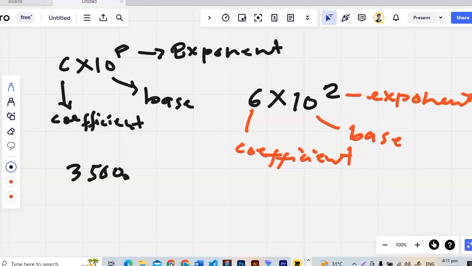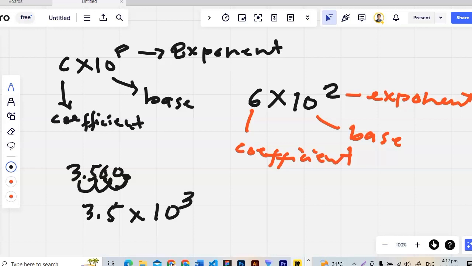So here you have to move this to the left. This is 1, 2, 3. So 3 moves, so it becomes 3.5 times 10. Since we move the point to the left, the exponent should be positive. So the exponent is positive 3.